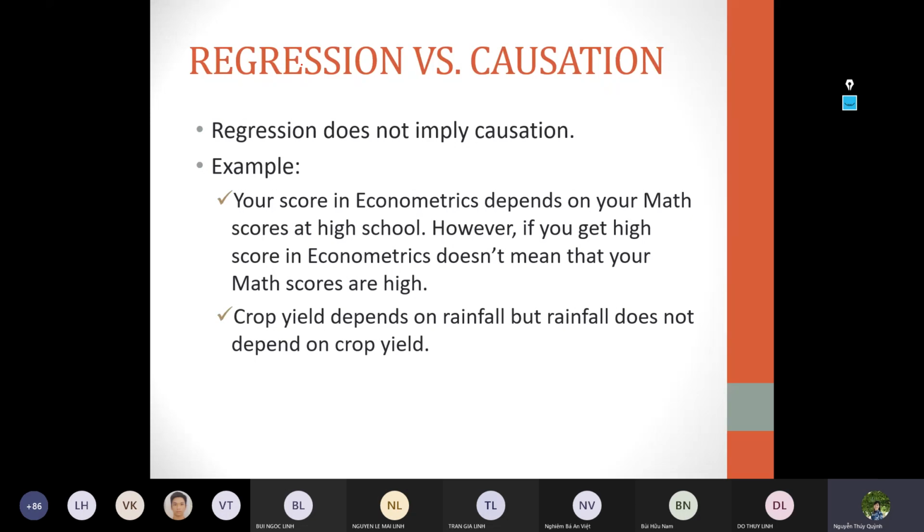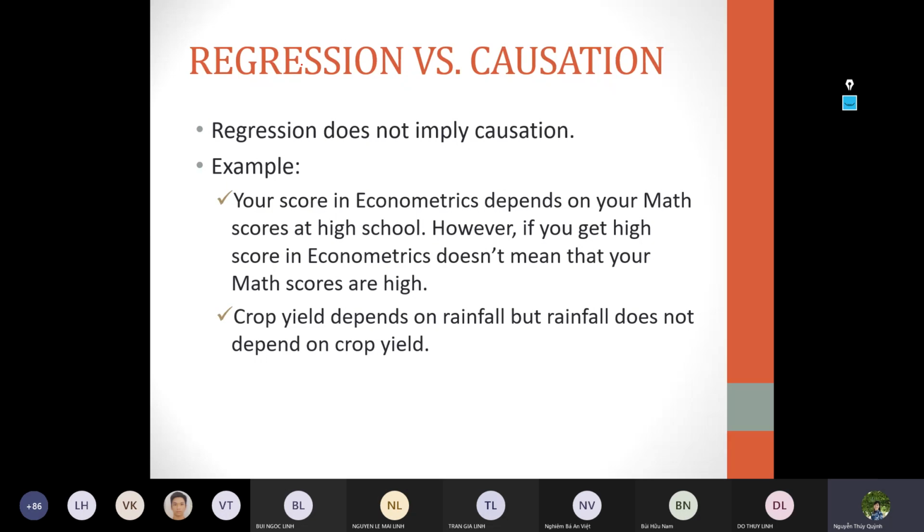For example, when we study the dependence of econometrics scores on the score in math, your score in econometrics depends on your math score at high school.